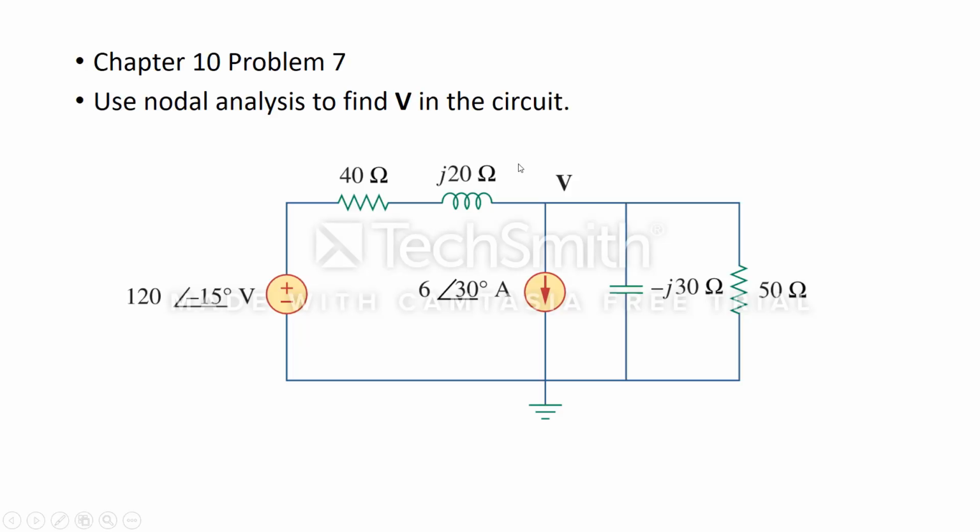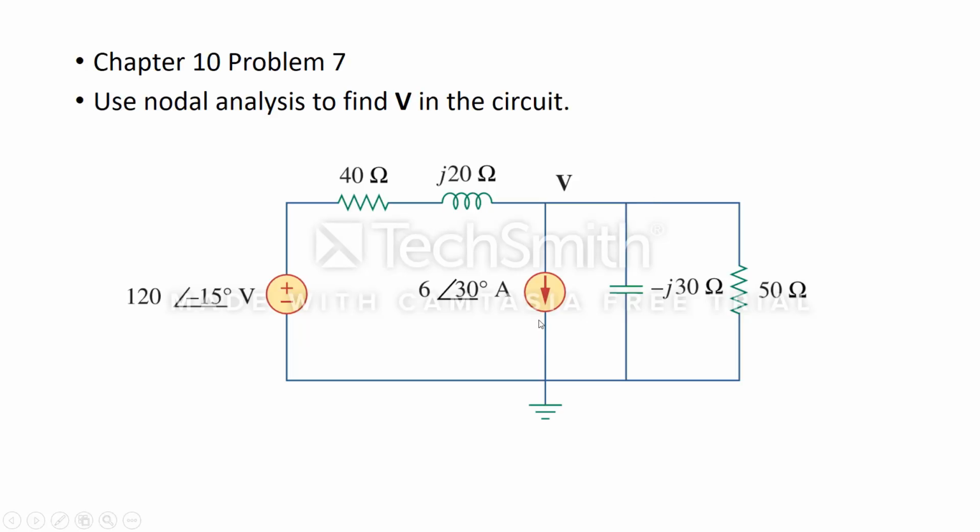So, considering this situation, we have a voltage source across here which has a magnitude of 120 volts and a phase angle of minus 15 degrees, connected in series with a 40 ohm resistor and an inductor having an inductive impedance of J20 ohms.